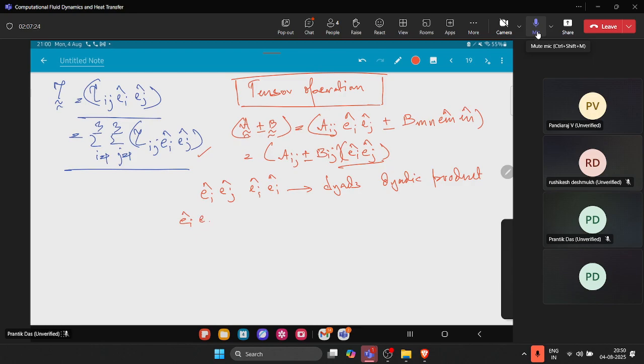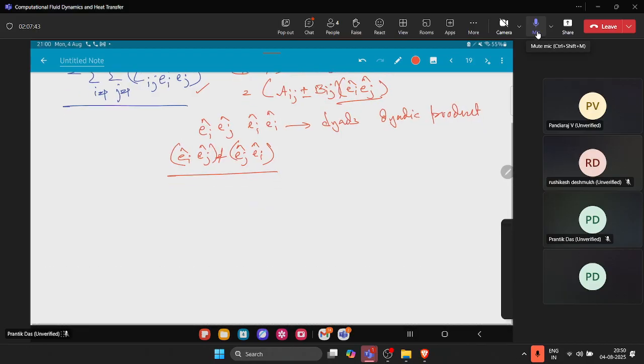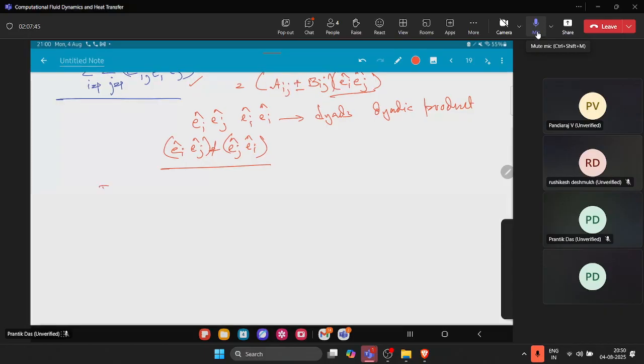Ei cap, Ej cap is not equal to Ej cap, Ei cap. We are not doing any kind of operation between the two. They are sitting beside each other, and the order in which it is written is important.